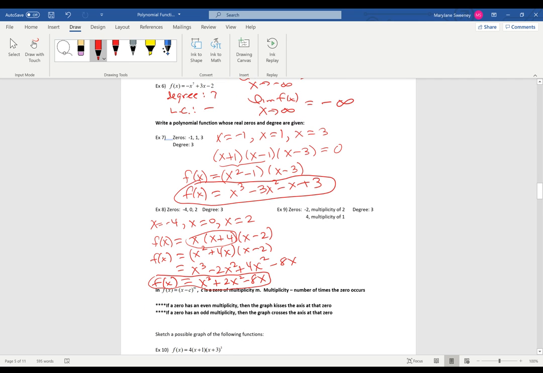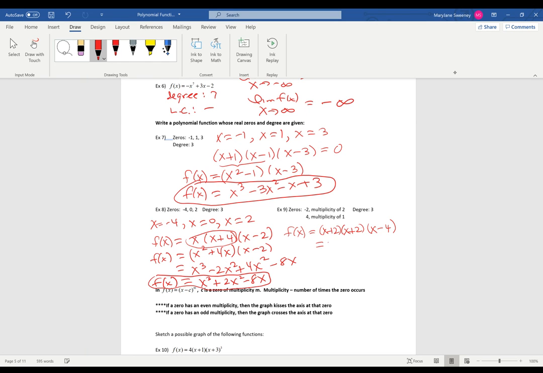All right, last one of this type. So now they tell me negative 2 has a multiplicity of 2. So negative 2, they're saying, occurs twice. So that means x plus 2 occurs twice, giving me x equals negative 2, x equals negative 2 if I set it equal to 0. 4 is a multiplicity of 1, so only x minus 4 occurs once.